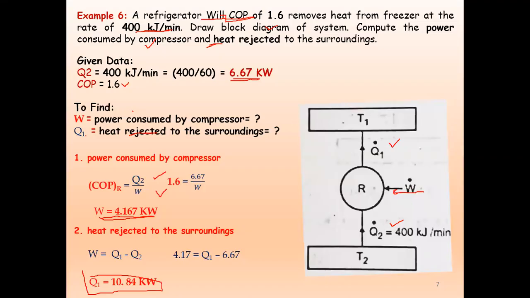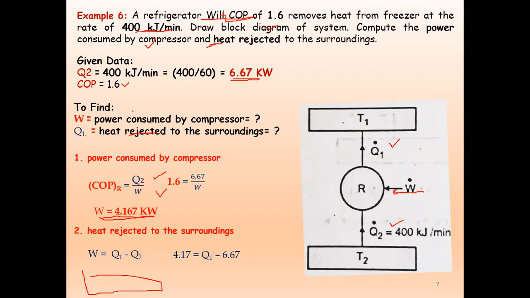So these are the problems based on the heat pump, refrigerator, and heat engine. Now in every problem, the diagram is compulsory. So you have to draw the diagram of the heat pump, refrigerator, or heat engine.